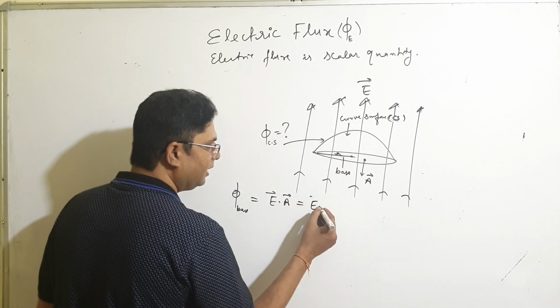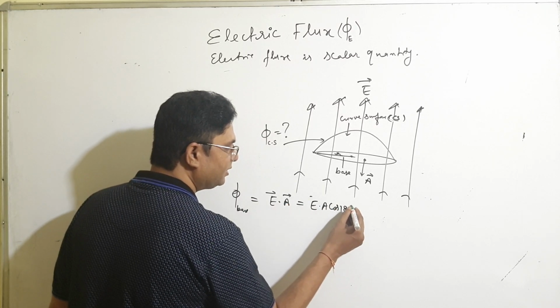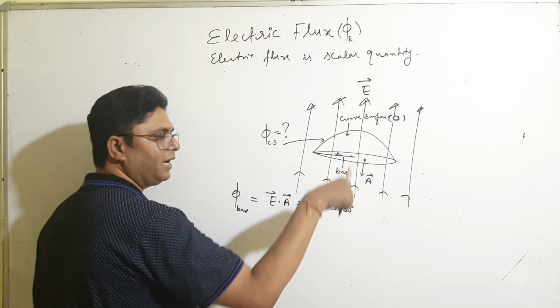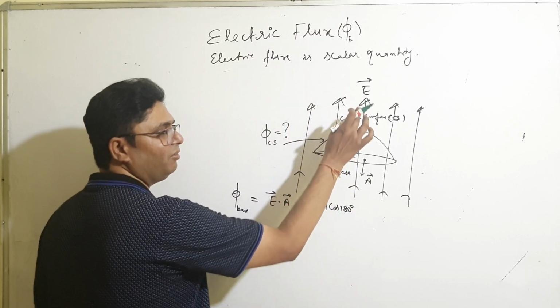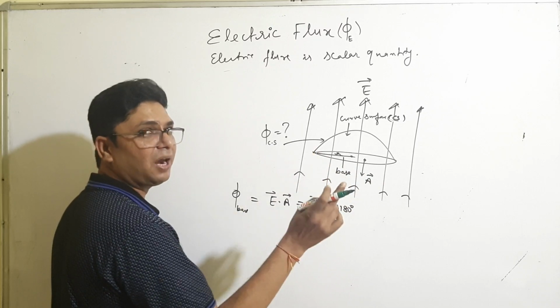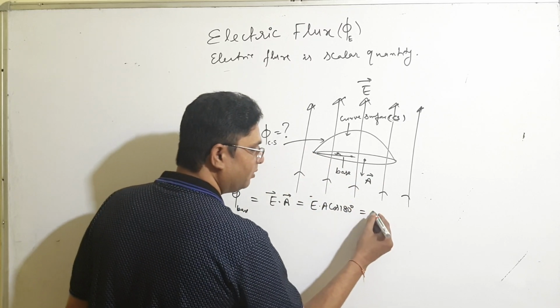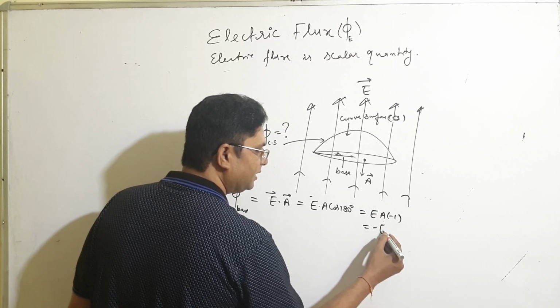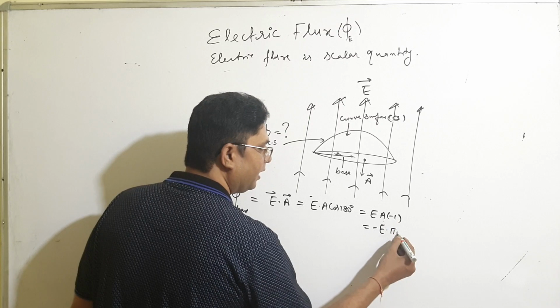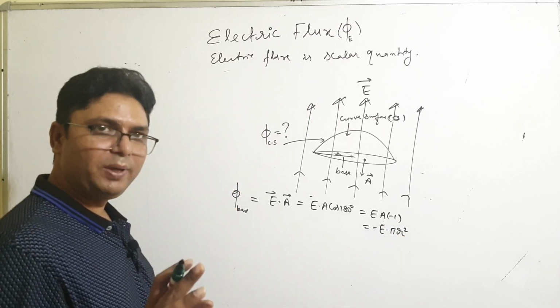So you have EA cos 180 degree, because the area vector is in downward direction and electric field in upward direction. The electric field and area vector are anti-parallel, so the angle is 180 degree. Cos 180 is minus 1, so you have minus E pi R square. This is the electric flux through the base.